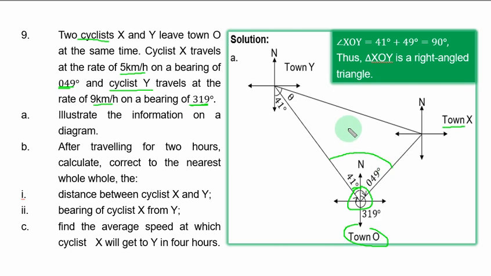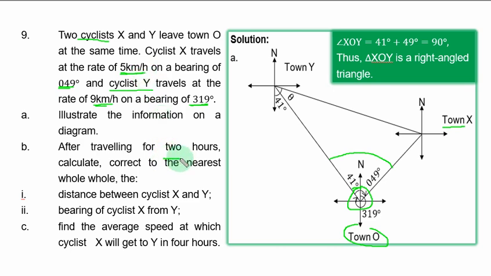So we are asked to find the distance between S and Y. Now we have to get the distance between O and Y using the rate, that is the speed, and the distance between O and S using the speed as well. You know, distance is speed times time. The time given to you is 2 hours.